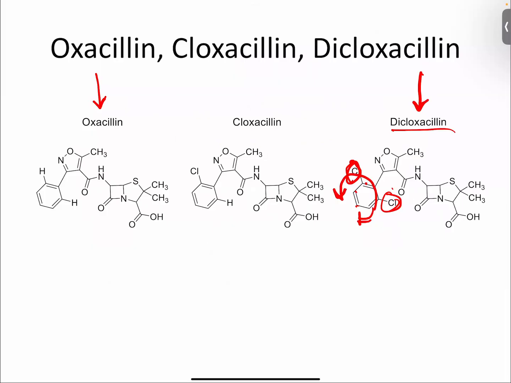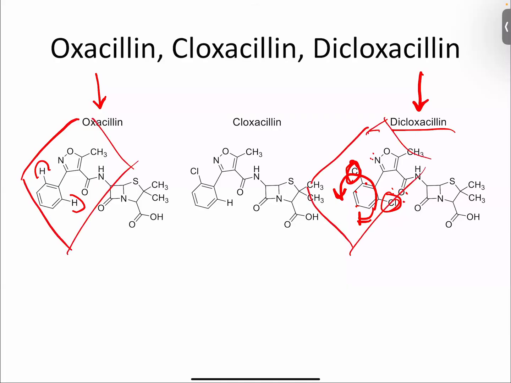It's going to start colliding into electron clouds here, and then probably from that isoxazole ring. So dicloxacillin is a little bit bulkier relative to oxacillin. But regardless, a significant amount of bulk protecting the beta-lactam bond from the PC1 enzyme.